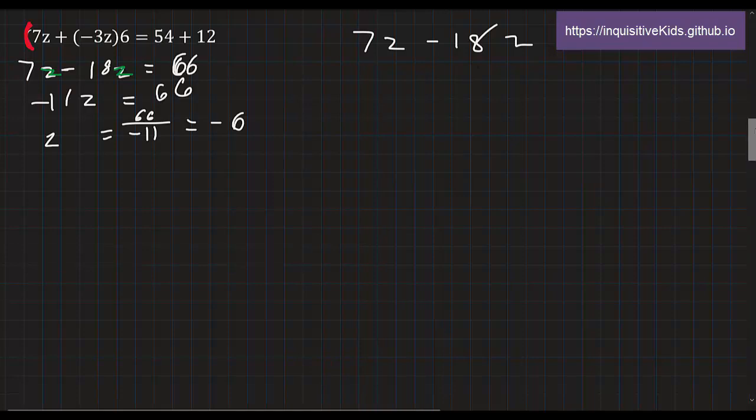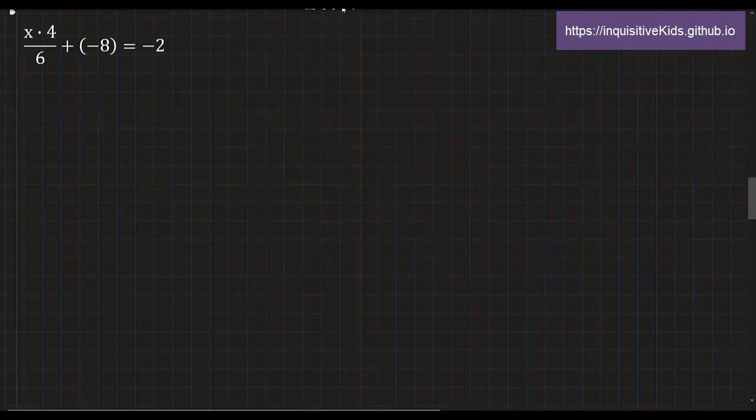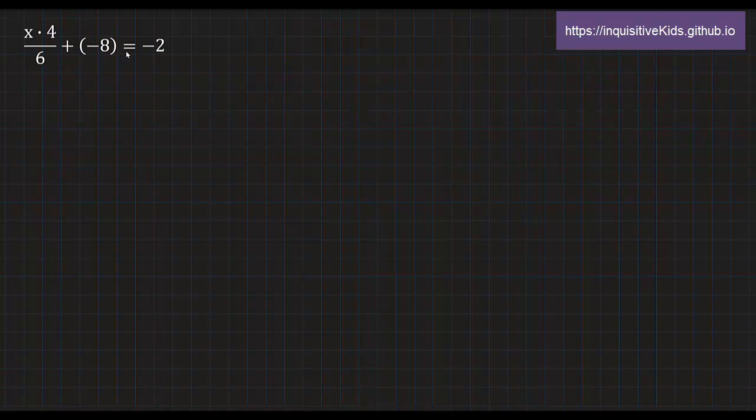Let's move on to another problem. We have x times 4 over 6 plus negative 8 is equal to negative 2. First, stop and pause the video. As you can see, we also have something to simplify before solving for x.